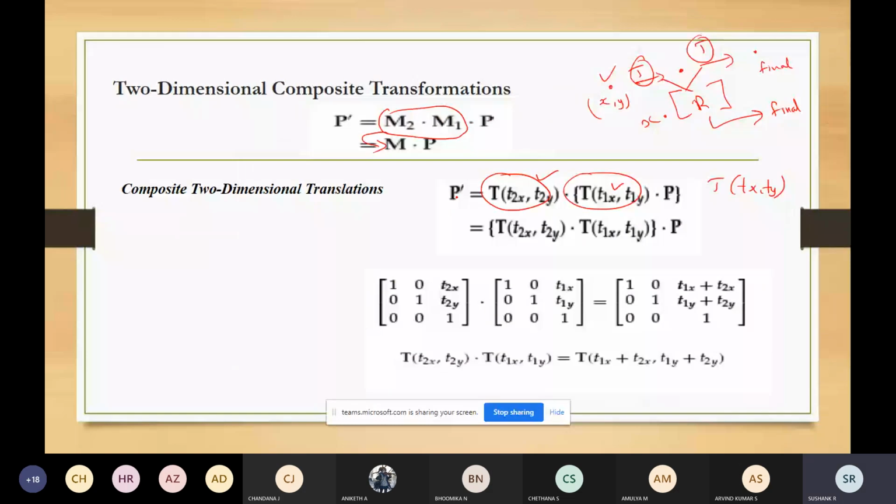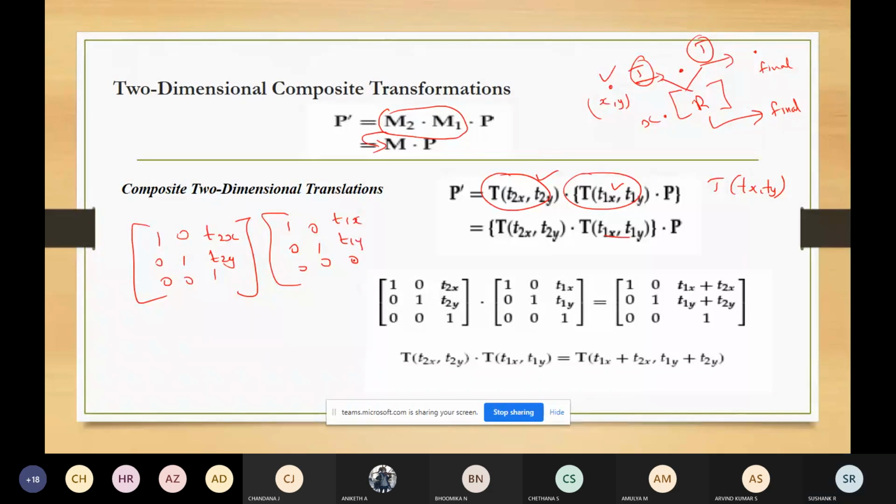So this T2, I can write as the identity matrix: 1, 0, 0, 0, 1, 0, and here T2x, T2y, 1. After that T1: 1, 0, 0, 0, 1, 0, T1x, T1y, 1. Now I should multiply these. Instead of applying the transformations separately, I need to find the product of these.